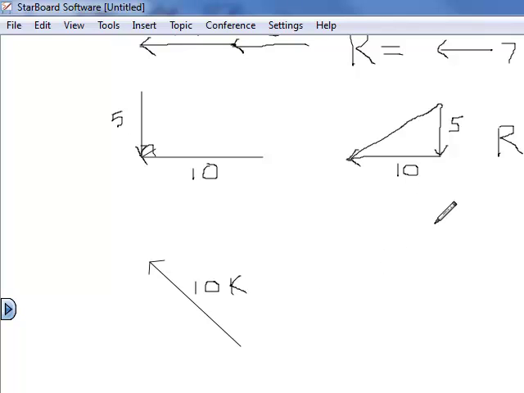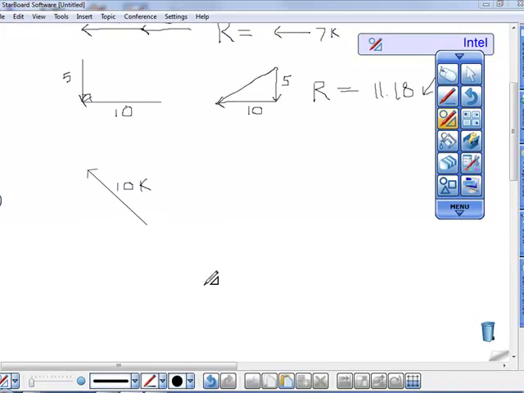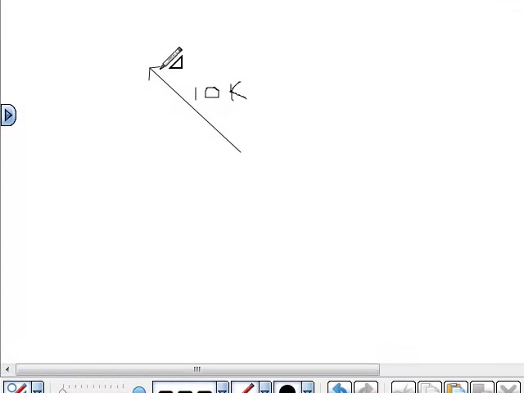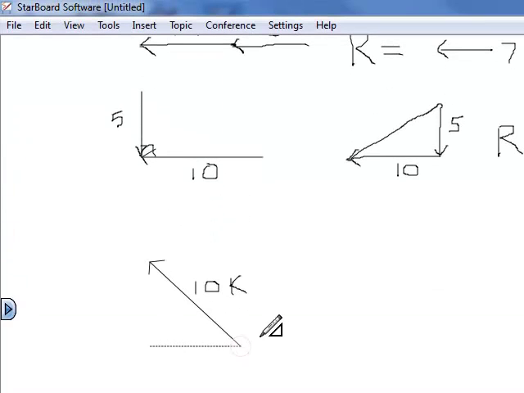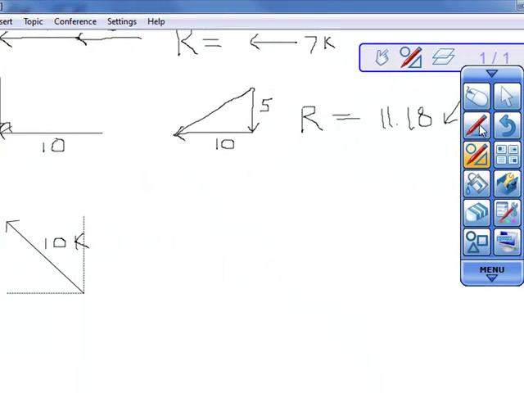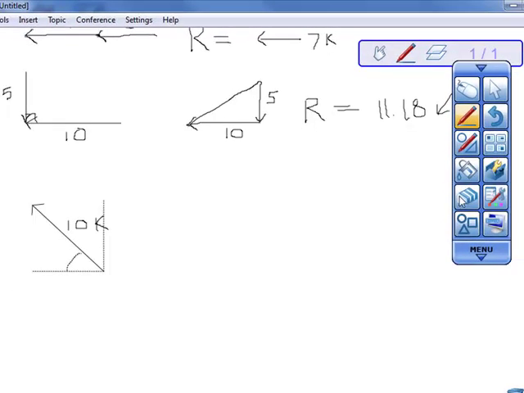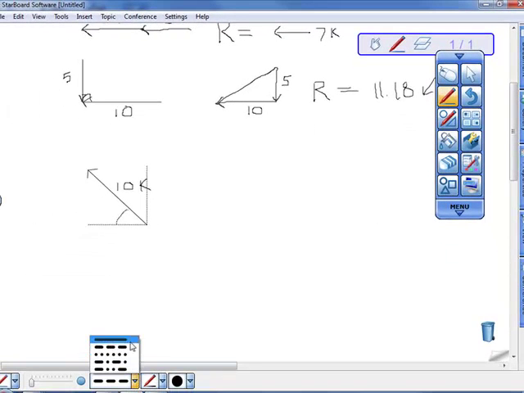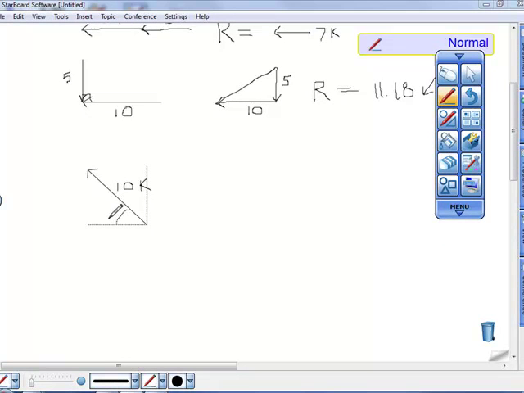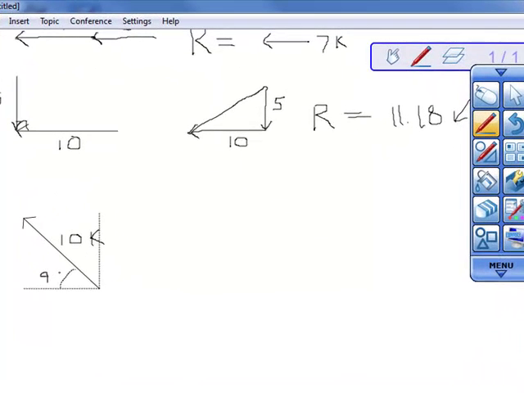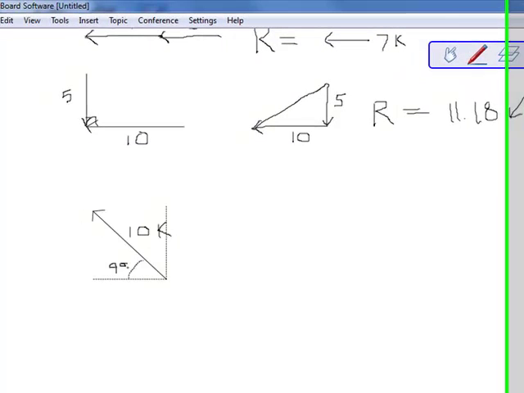I would want you to find the dash line, the x and y of that force. The x is always the horizontal, and the y is always the vertical. And I want to tell you that this is a 45 in this particular problem. So that's 45 degrees.